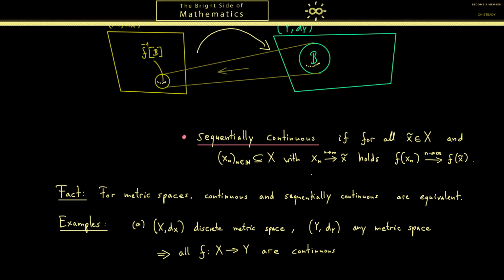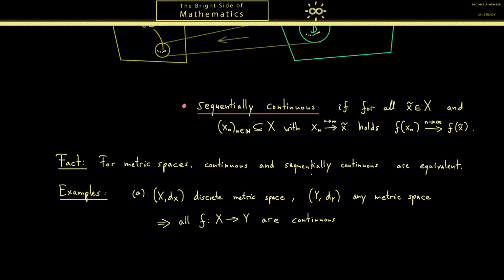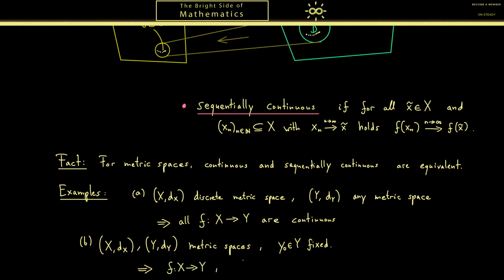Now another general example like this would be to consider a constant function. For this we can choose X and Y as general metric spaces and then fix a y0 in Y. In this case we know that the map F that sends all x to y0 is always continuous.